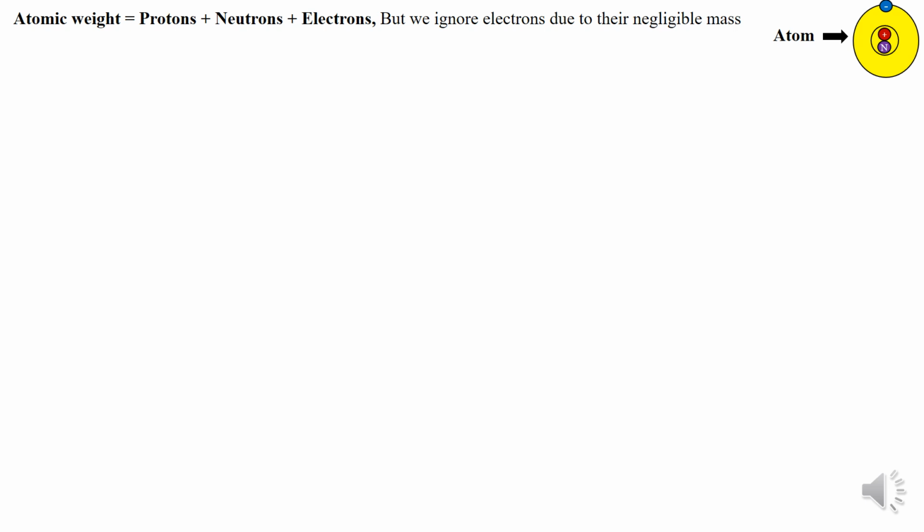Now we ignore the electrons in the atomic weight calculation due to their negligible mass. Electrons are nearly 2000 times lighter than protons and neutrons. And that is why we ignore electrons in the atomic weight calculation.